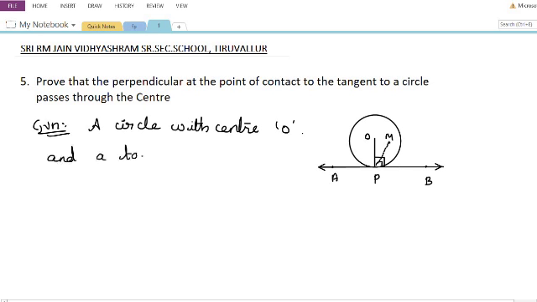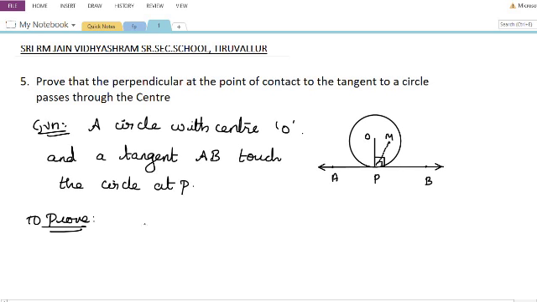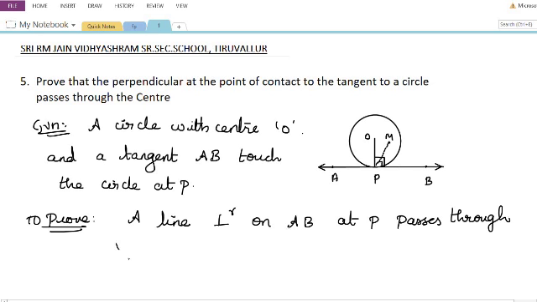And a tangent AB touches the circle, or meets the circle, at P. And what we have to prove is that a line perpendicular on AB at P passes through the center point O. Okay, a line which is perpendicular, that is, which makes 90 degree on this line AB at this point P. I have to prove that it passes through O.